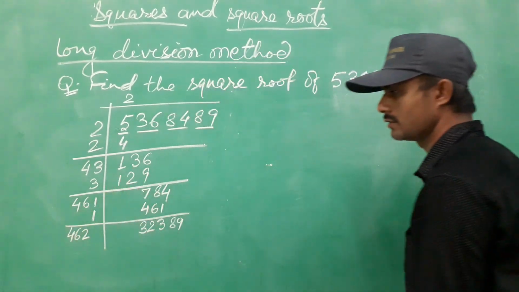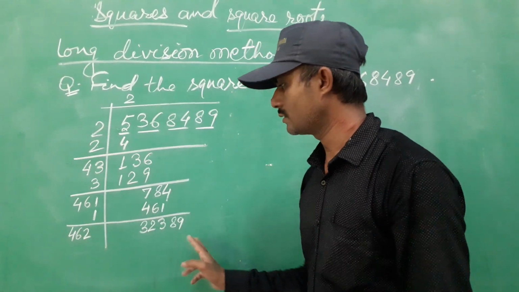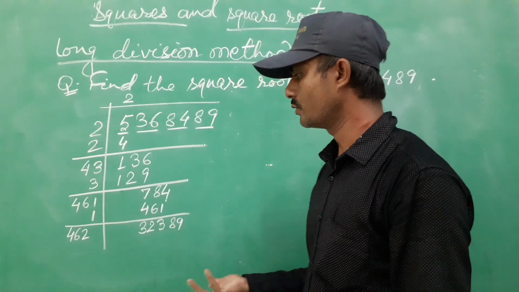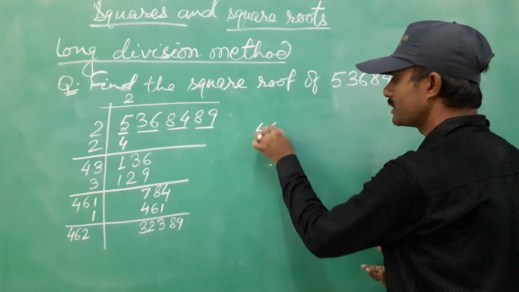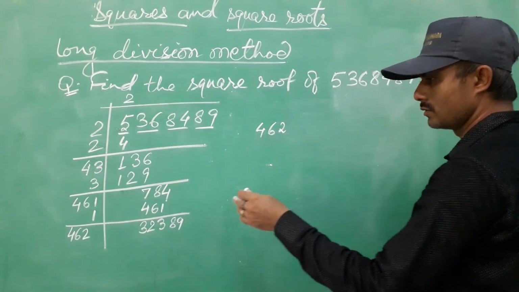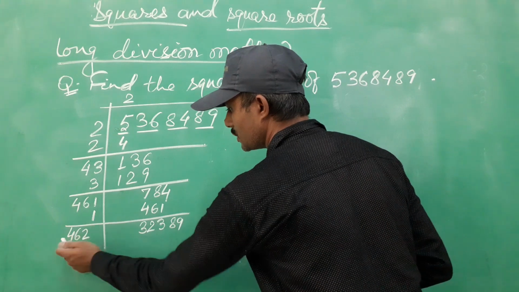Then again, if we are writing 1, then check 2 3 4 with what number, just doing rough calculation here. 462, here 32,000 and here 4,000 it will come.